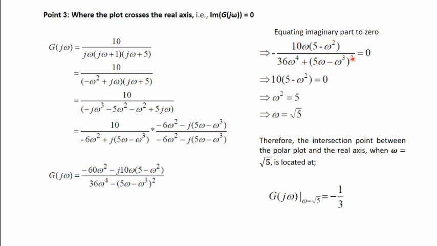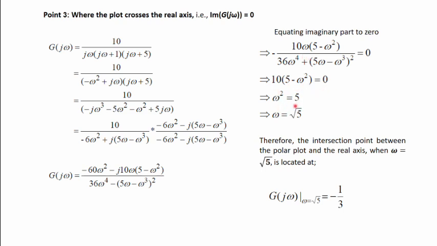For the imaginary term to be equal to 0, the numerator part should be 0, and it comes out to be 10 into (5 minus omega square) equal to 0.